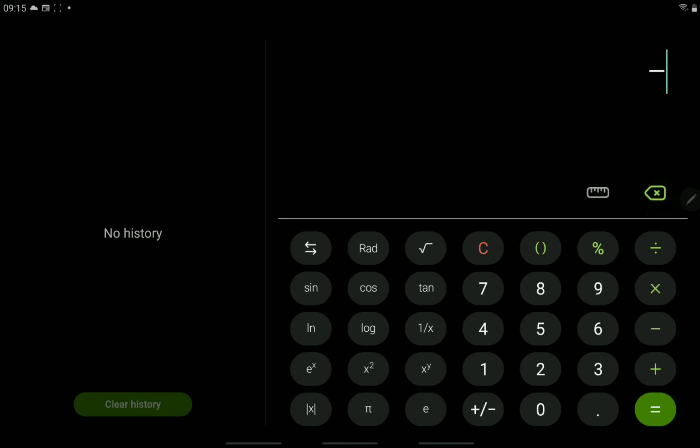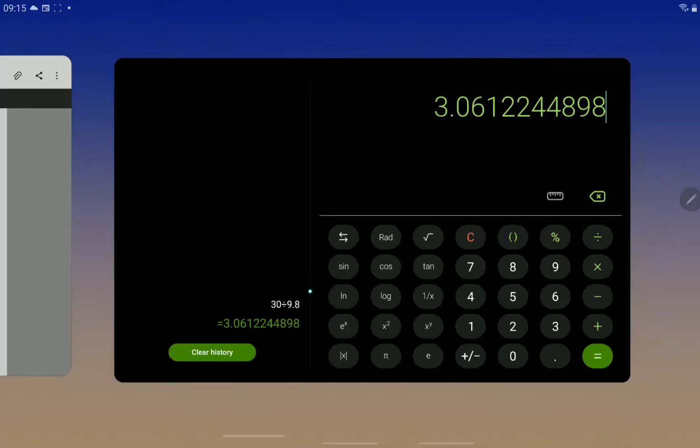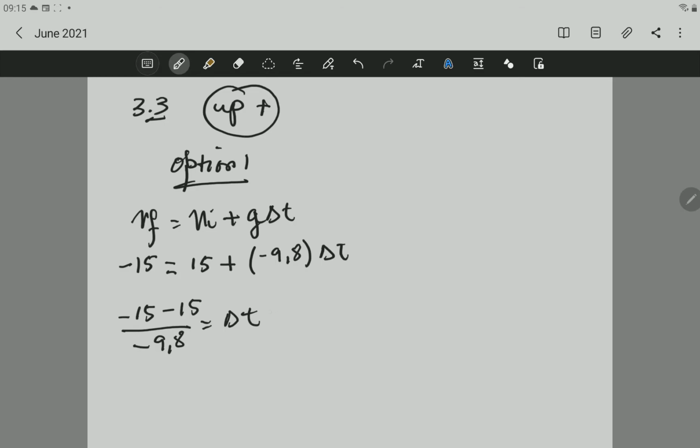Here we have minus 15 is minus 30, so it's 30 divided by 9,8. Remember, minus divided by minus is positive, okay? So the answer is 3,06 seconds. This is one of the options.